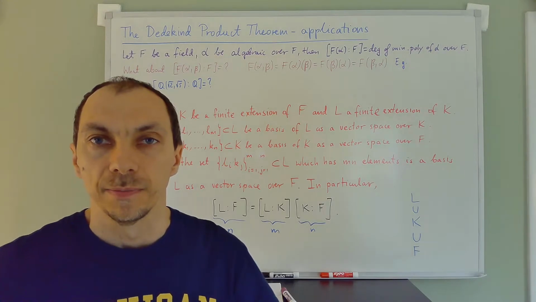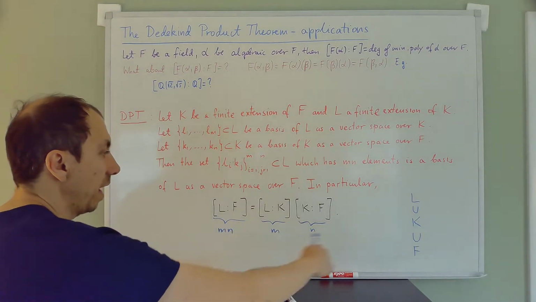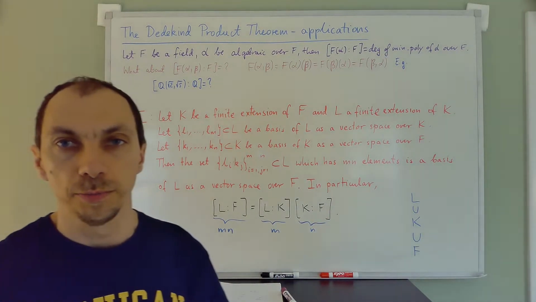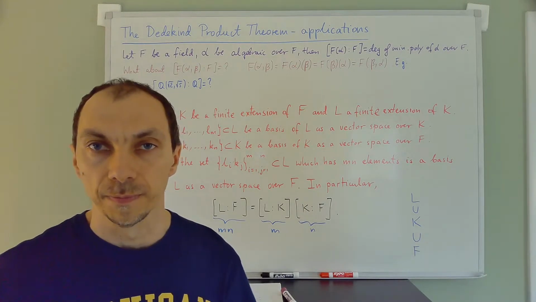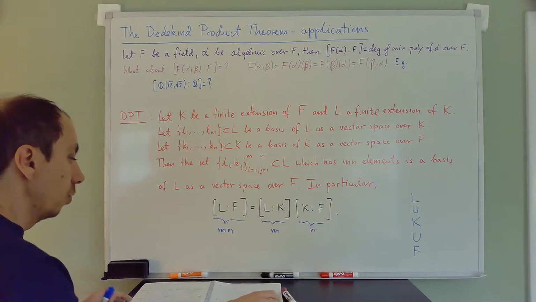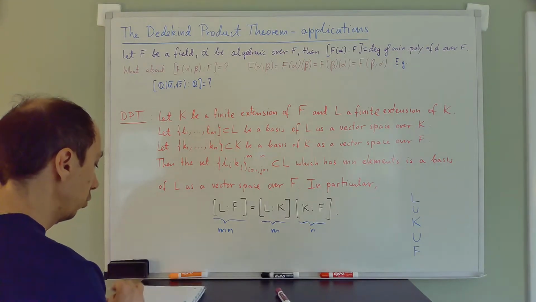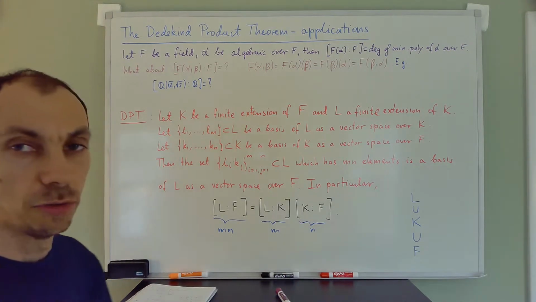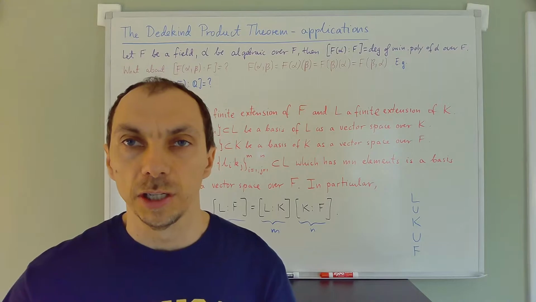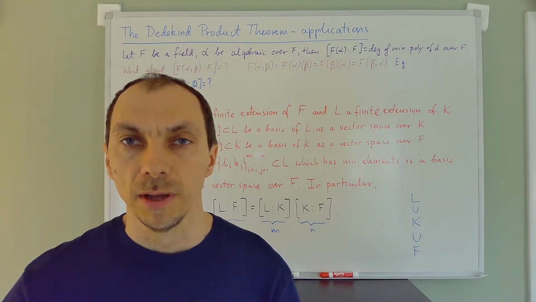Okay, and this actually turns out to be a very, very useful expression for computing degrees of various extensions. So let's do that. In this video we'll only look at how to compute degrees of extensions using this theorem.